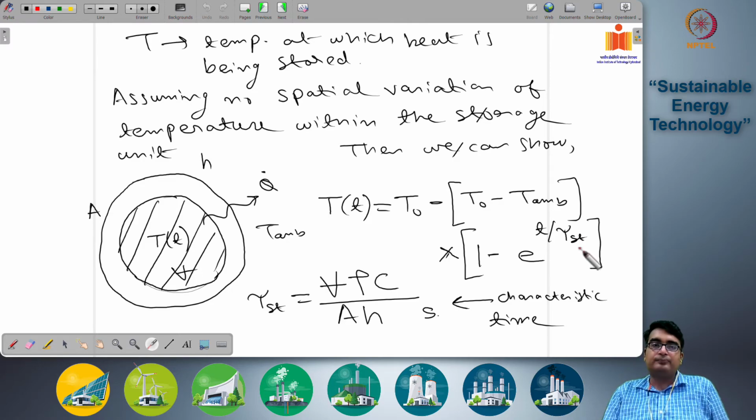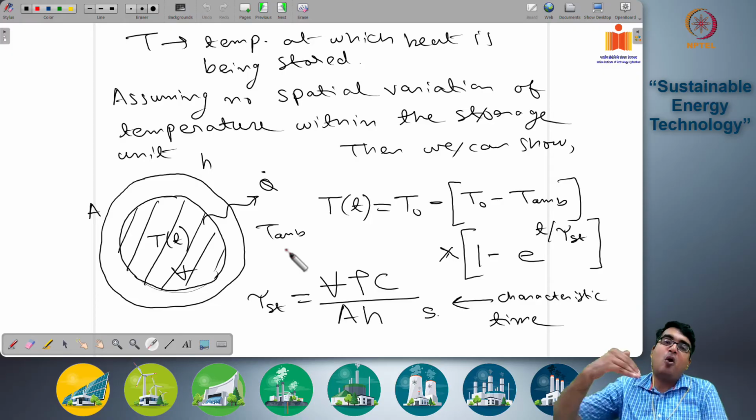Now this tau storage can be expressed as the volume of the storage medium, the V here, into the density of the storage medium into the specific heat of the storage medium, by the surface area exposed to the ambient, this A area here, into the heat transfer coefficient H. We are not deriving this, but we can derive it assuming certain simplistic assumptions: that there is no spatial gradient of temperature inside.